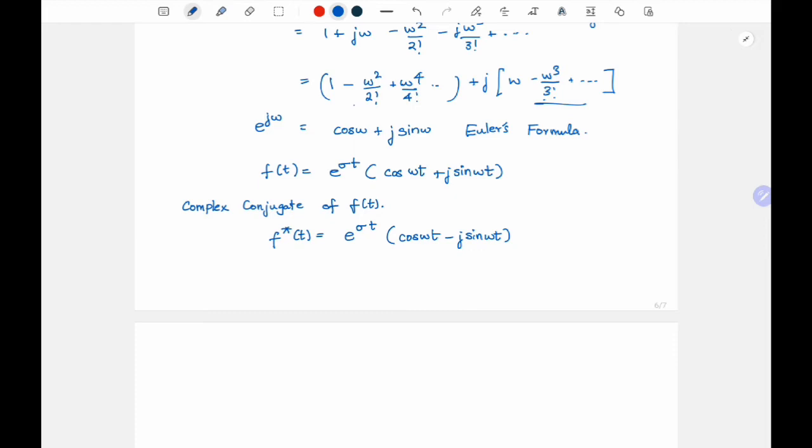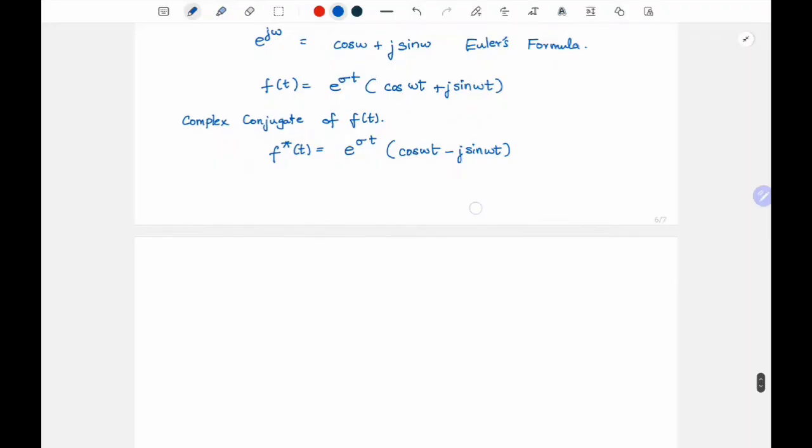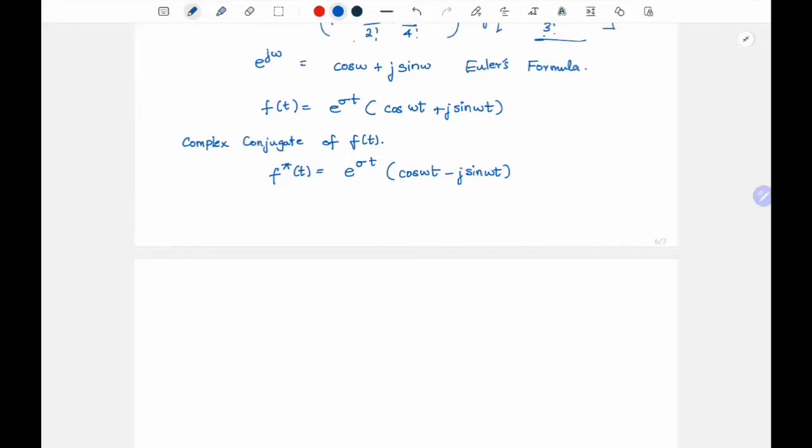And if you want to get only the real part from this, what do you have? So let's say I want only the e power sigma t cos omega t term. Then I just add these two and divide by 2, correct? So f of t plus f star of t by 2.